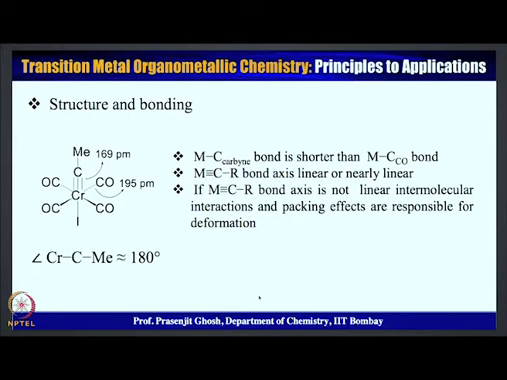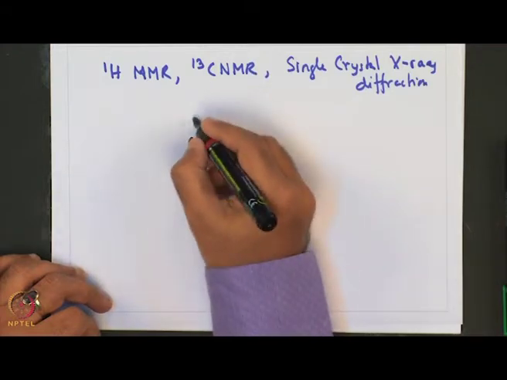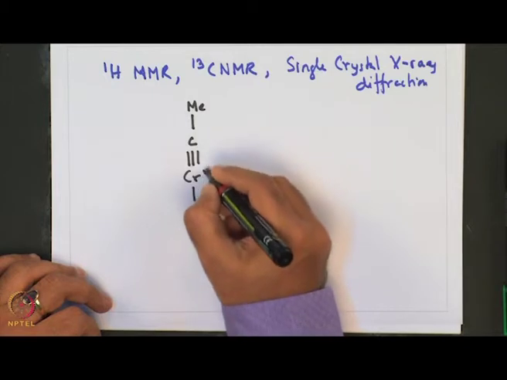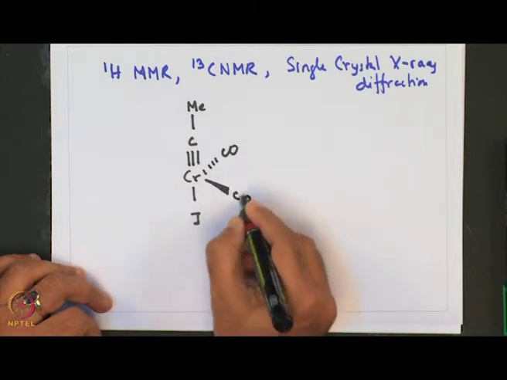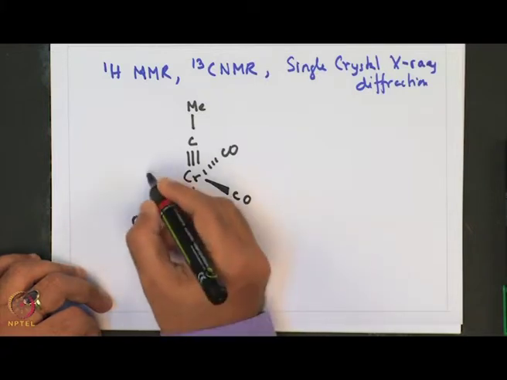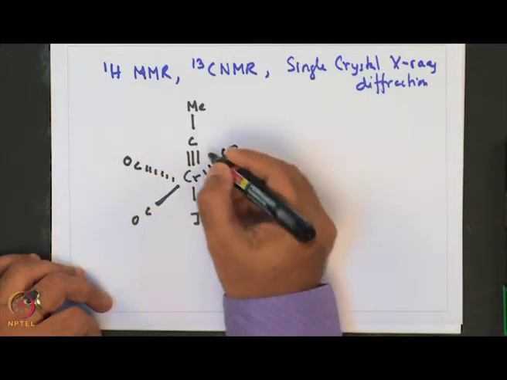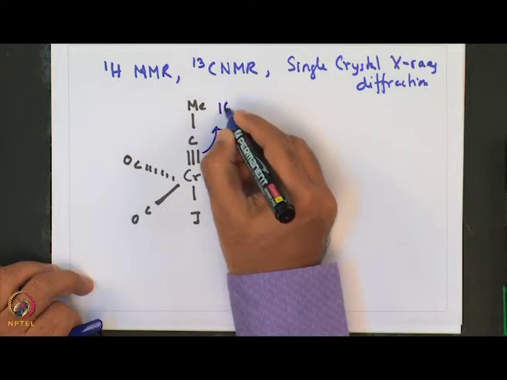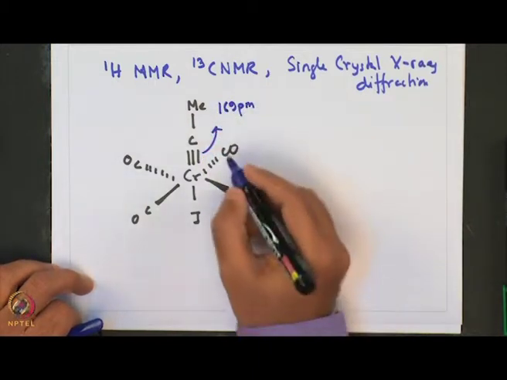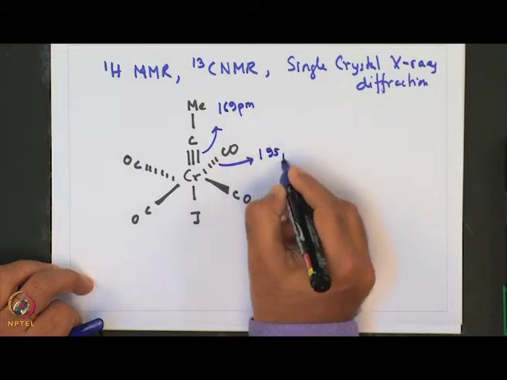So, here is a structurally characterized example of a chromium carbyne complex, where this metal carbyne carbon bond is very short at about 169 picometer, whereas this chromium carbonyl carbon bond is very long as compared to this at 195 picometer.